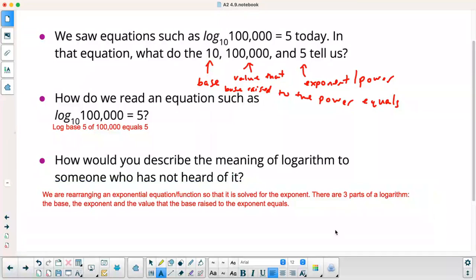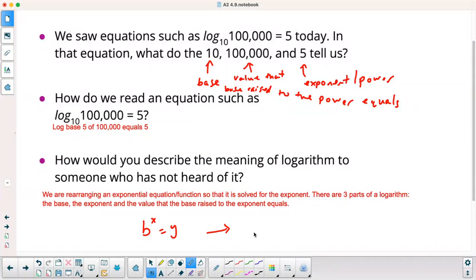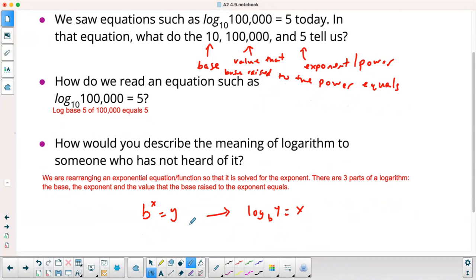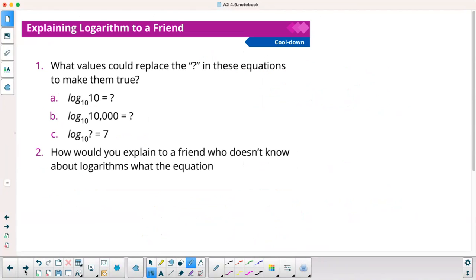And you need to know this definition: b to the x equals y would be log base b of y equals x. So here it's solved for y, here it's solved for x. These are the exact same thing. They're just in different forms. Again, if I were to graph a log function and an exponential function, as long as my pieces are switched in the right spots, I'd get the same graph.